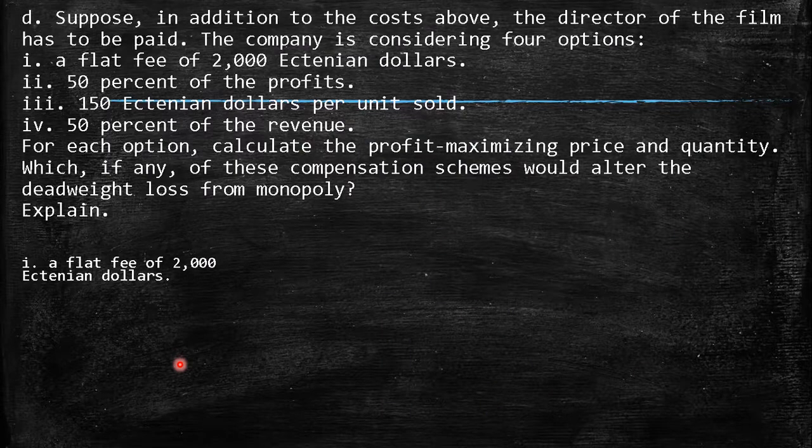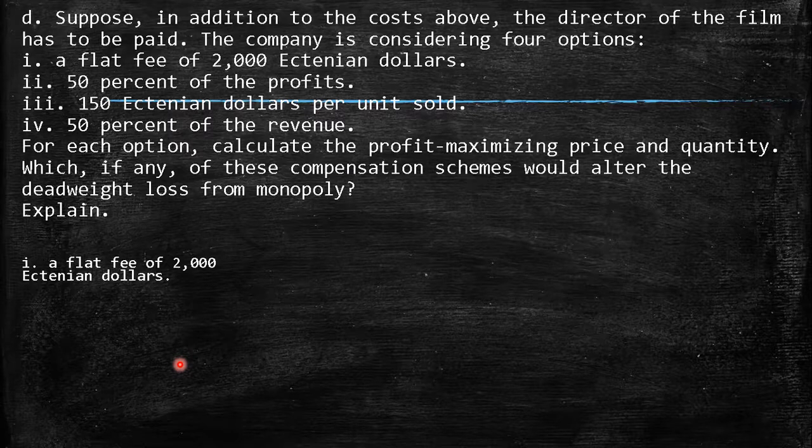Then the G point says, suppose in addition to the cost above, the director of the film has to be paid. The company is considering 4 options. First, a flat fee of 2,000 Ectenian dollars. Second, 50% of profits.